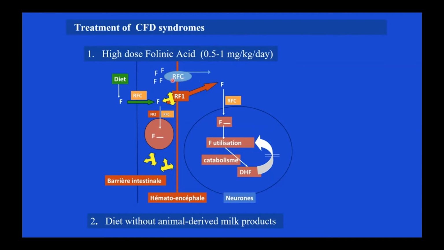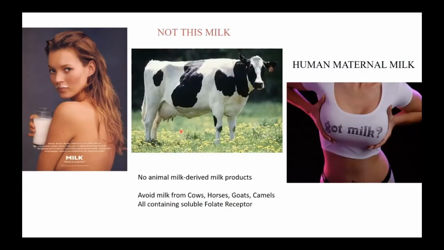This is an alternative pathway to enter the brain when the folate receptor alpha is blocked by antibodies. The second line of treatment is to impose a diet without animal-derived milk products, so use human milk. The child will not synthesize antibodies with human milk, but when the child receives cow's milk, it will synthesize them, and they can cross-react with the human folate receptor alpha antigen.